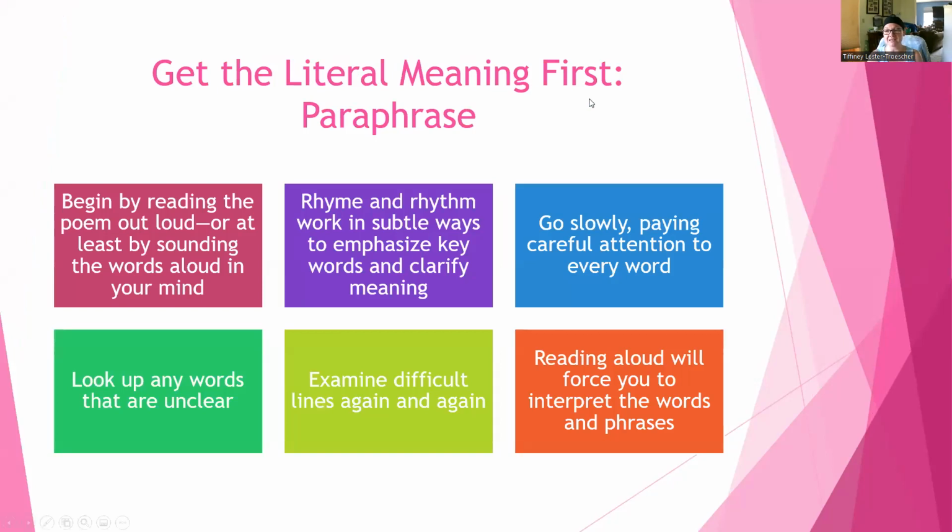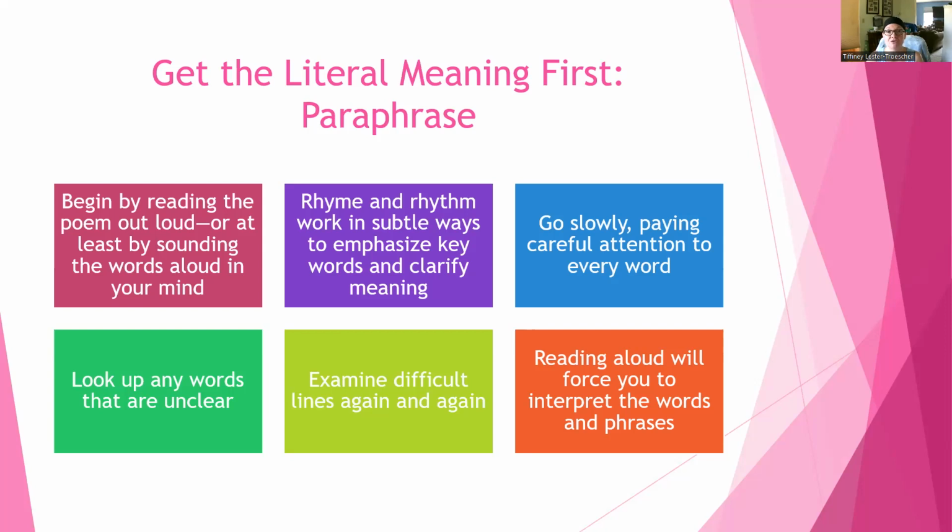So the first thing that you really need to do when you're reading a poem is to figure out the literal meaning first. Don't necessarily worry about all the poetic stuff yet. Don't worry about similes and metaphors and symbols and imagery and figures of speech or any of that stuff.